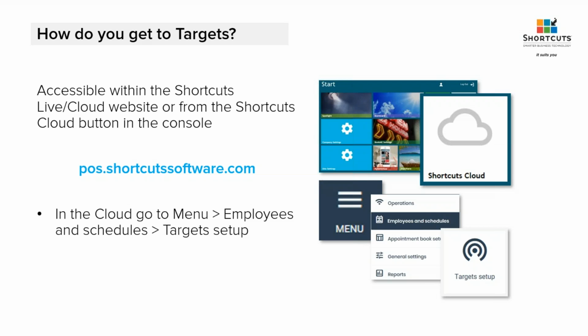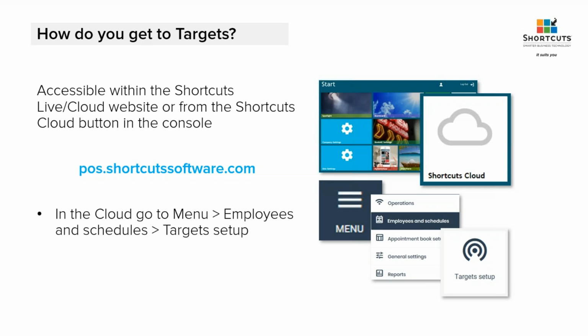So that's pos.shortcutssoftware.com. And you're going to log in with your same console username and password. And once you're in the cloud, to get to the target setup, you're going to go to Menu, and then the Employees and Schedules button, and then into Targets Setup.